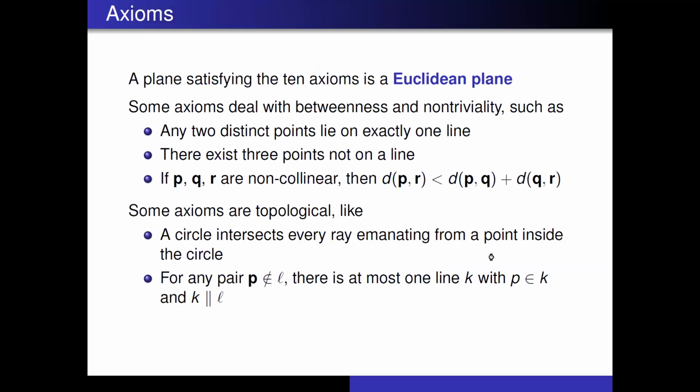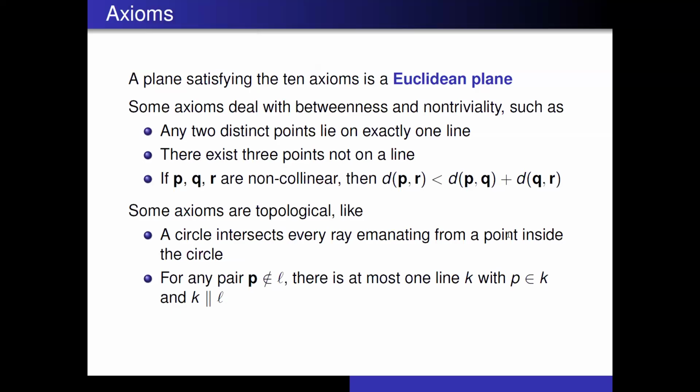Okay, so any plane satisfying the 10 axioms, actually I say a plane, but it's really a set and distance satisfying the 10 axioms, is a Euclidean plane. So let's look at the plane. I'm not going to write all the axioms out because it's not too exciting, but some of them are sort of basic things, like any 2 points determine a unique line.